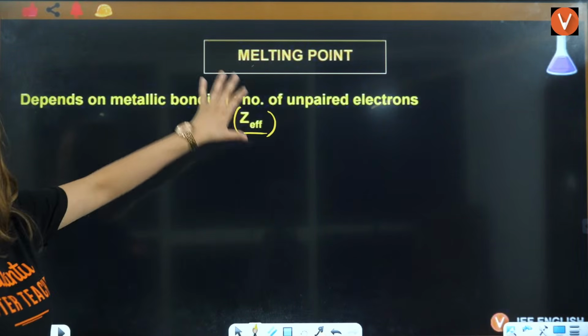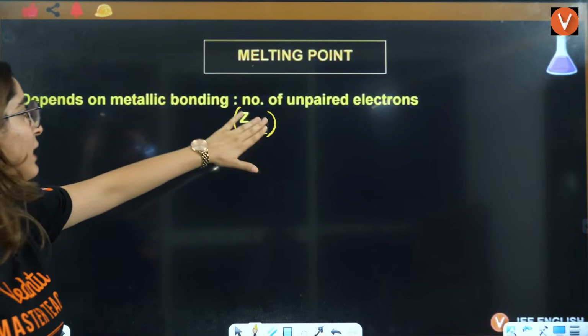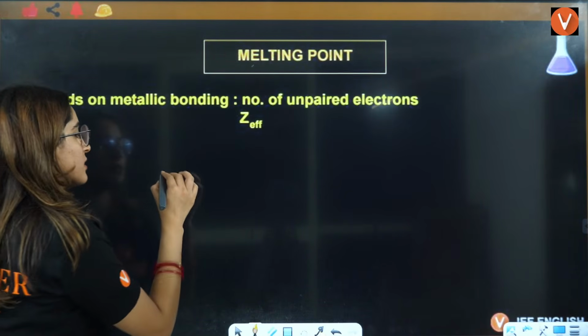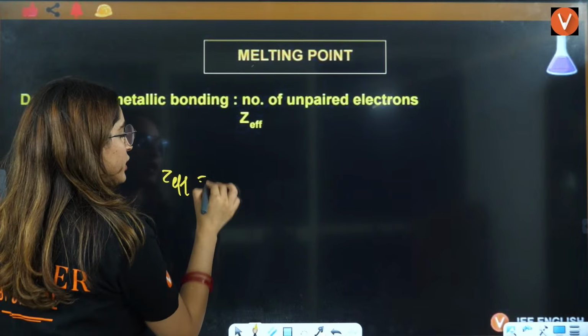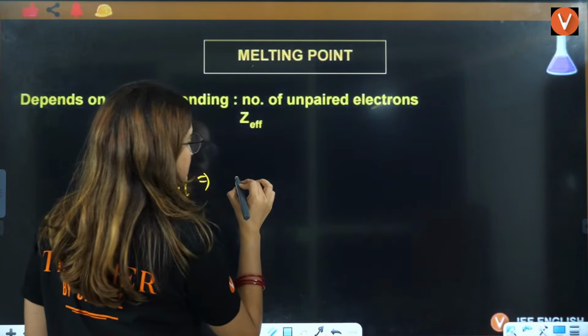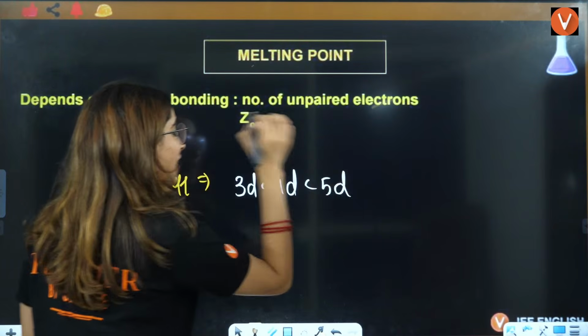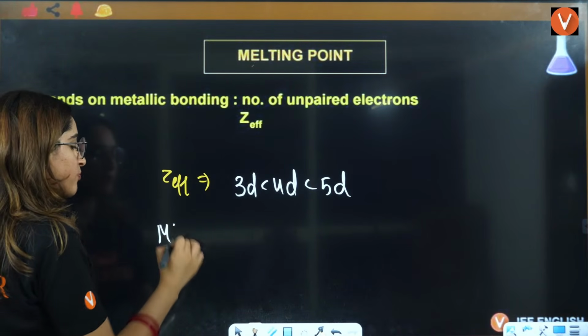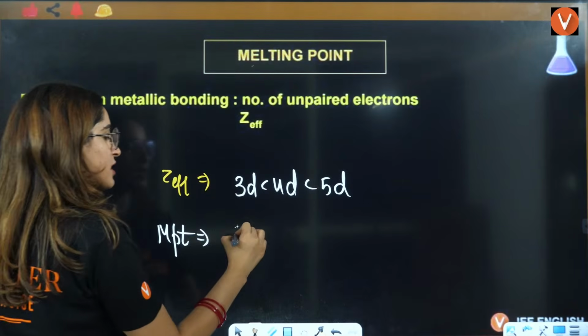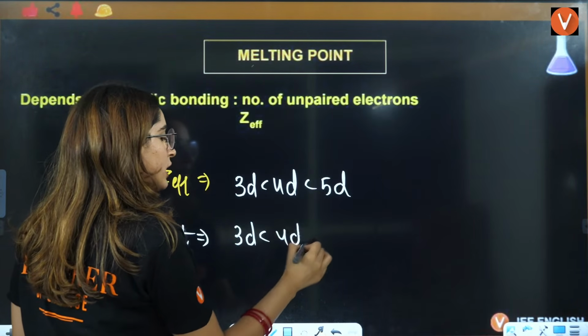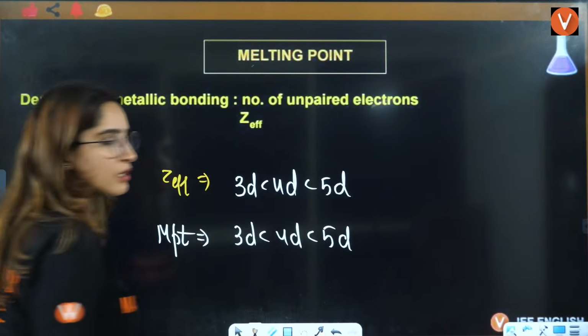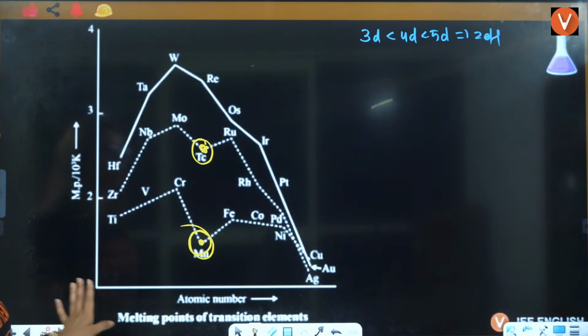The more the Z effective, the more will be the melting point. So Z effective is this for 3D, this for 4D, and this for 5D, and that is the reason melting point is in the same order, 3D, 4D, and 5D. Melting point is very, very important.